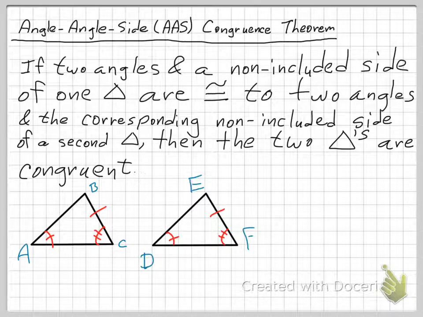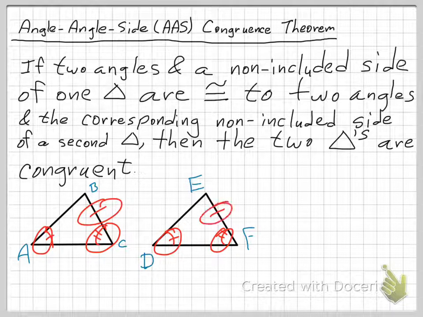And so if you have another triangle, triangle DEF, and you have these two pairs of angles congruent, so you have AA so far, and then these two sides are corresponding, right? They're in the same place in the triangles.